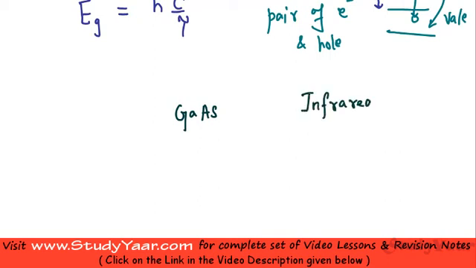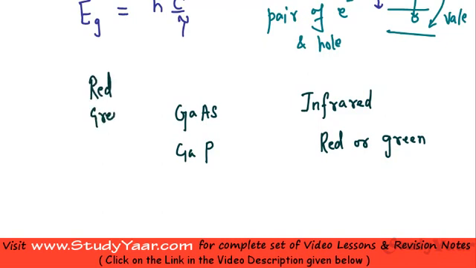Other semiconductors like gallium phosphide give you light in the red or green region. So depending upon your material, you can have different types of light emitted from your LED. Or looking at it another way, depending upon your requirements, you can choose your materials and create an LED that emits a particular light.